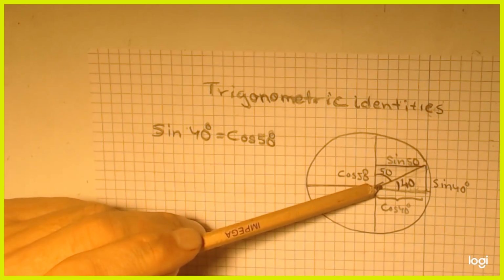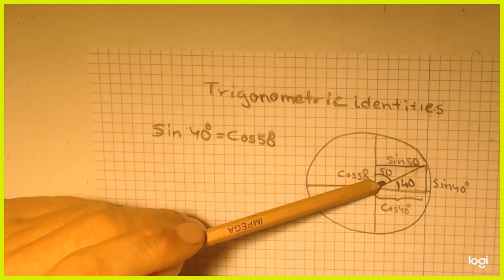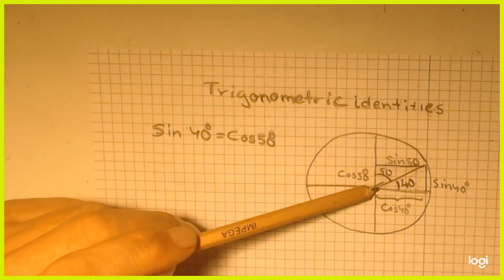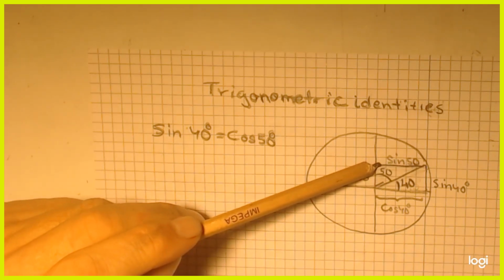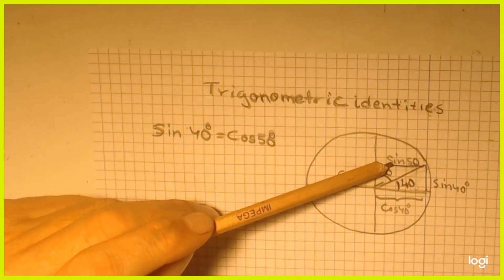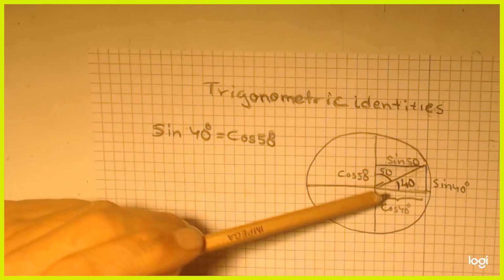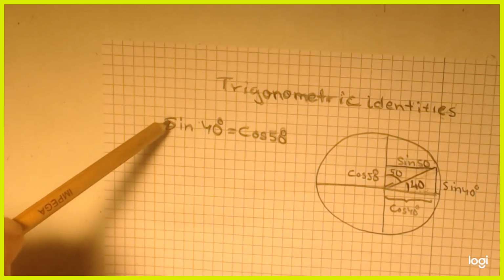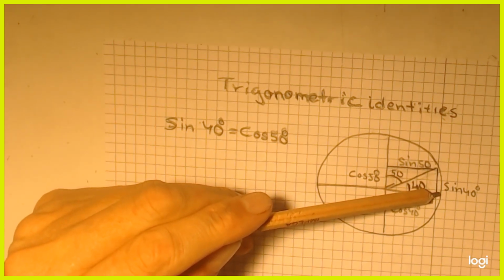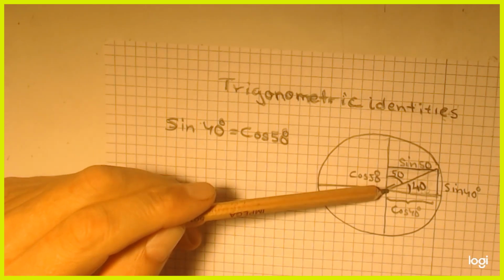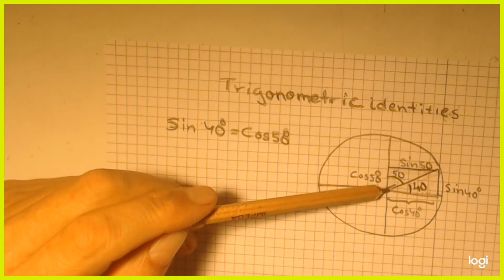This is angle 50 degrees. You have 50 plus 40, that's 90. So this side here is sinus 50 degrees, but sinus 50 degrees is equal to cosinus 40 degrees. And now we had sinus 40 degrees. It is this side here, and that's equal to this side. Sinus 40 degrees equals cosine 50.